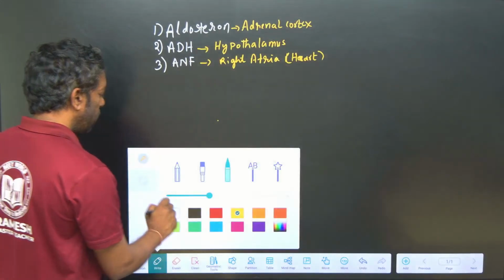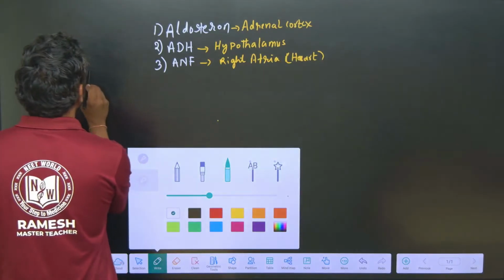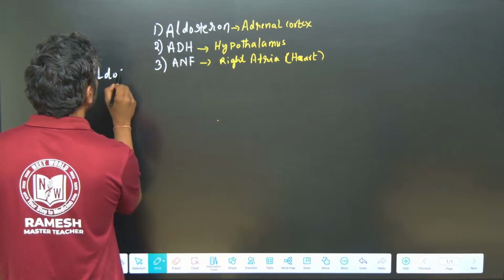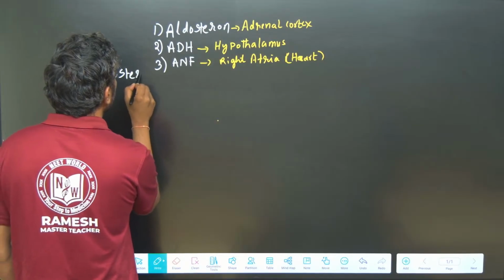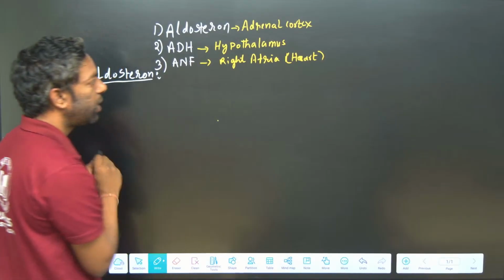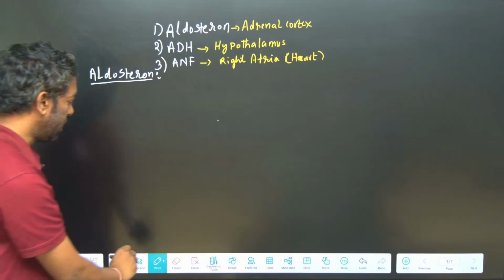What is the aldosterone role? Aldosterone's role in urine formation.